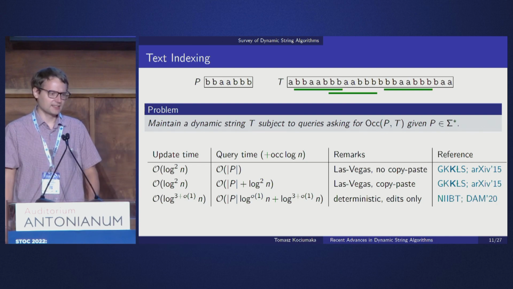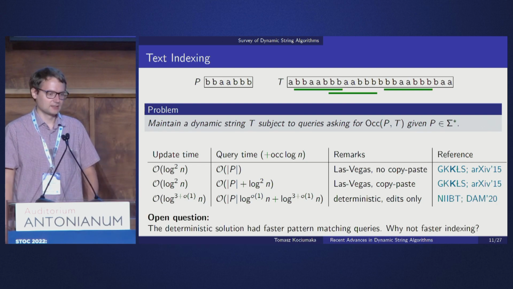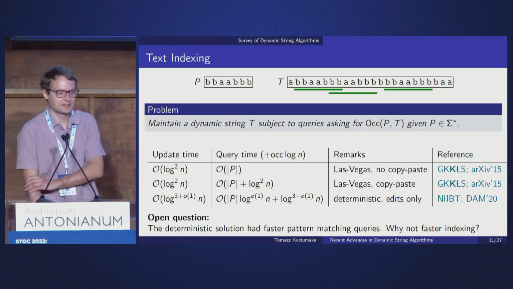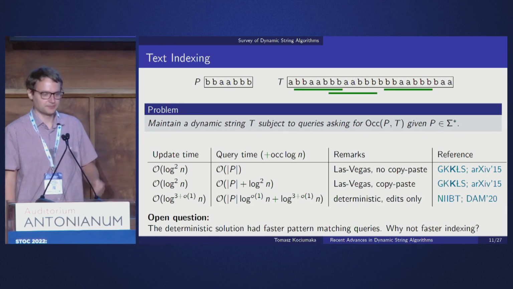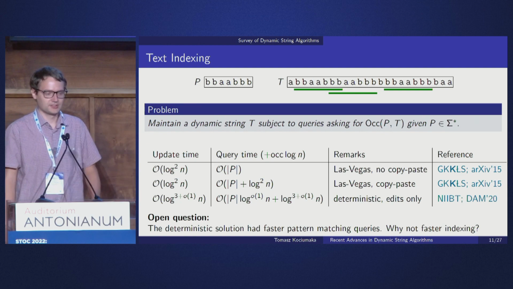And these overheads actually are quite annoying, meaning that given that in the previous slide we have seen that the deterministic solution for pattern matching is slightly faster than the randomized one, we should probably work a little bit harder for this text indexing problem as well and try to reduce the overheads in this solution.